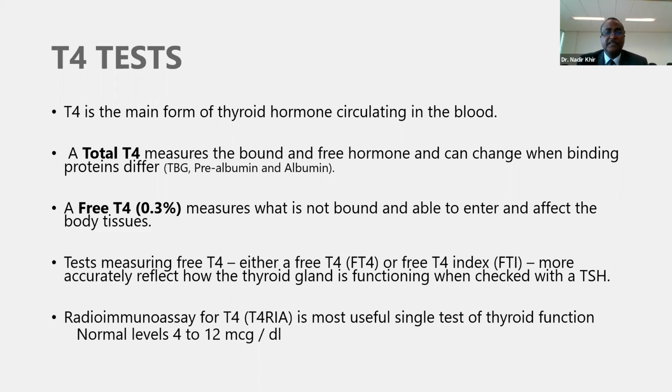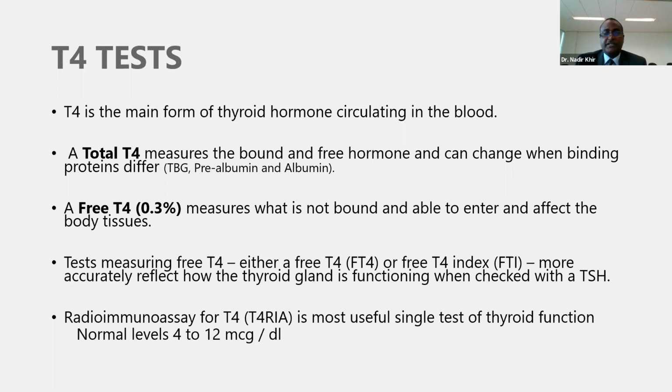The free T4 measures the unbound T4 that is able to enter the body tissues. That's why free T4 is a very important test to order, even though only 0.3% of the T4 secreted by the thyroid gland is free. Most of it becomes bound.